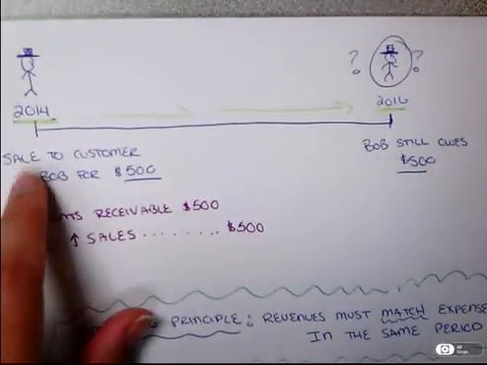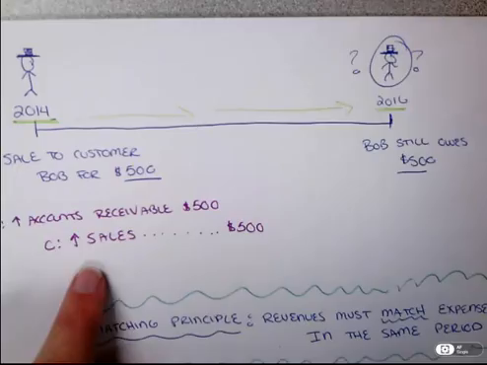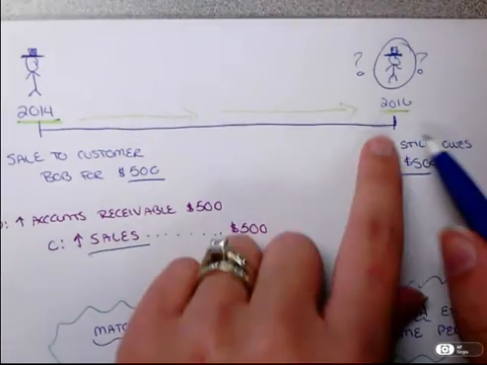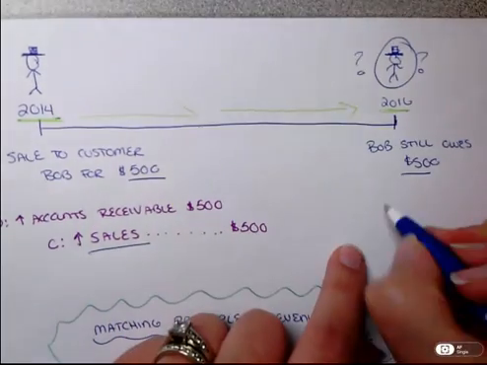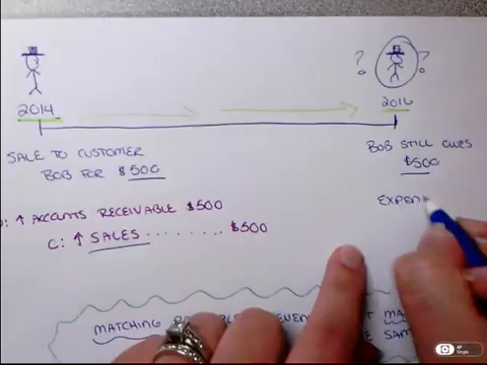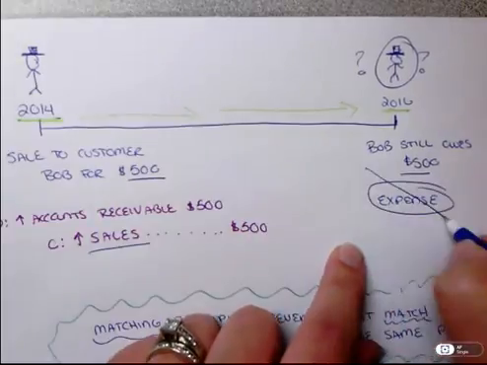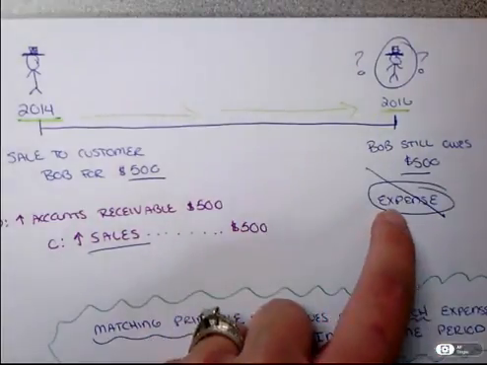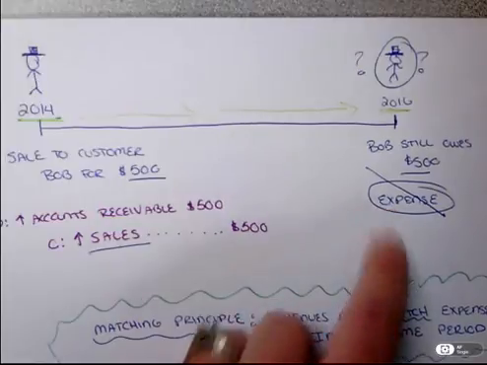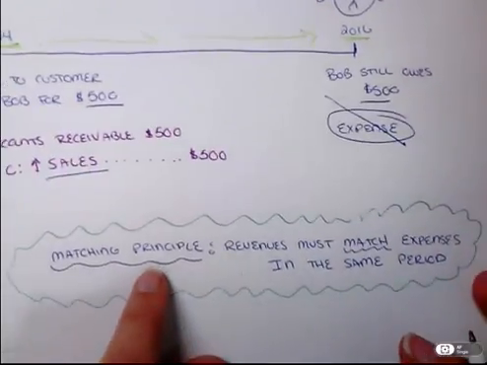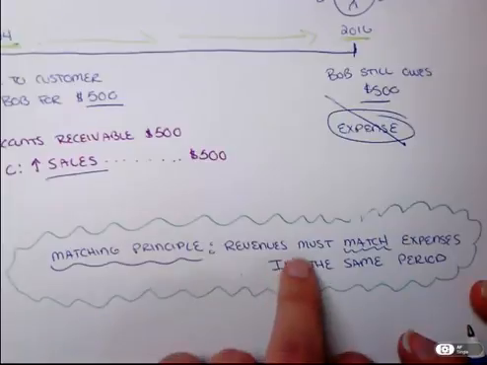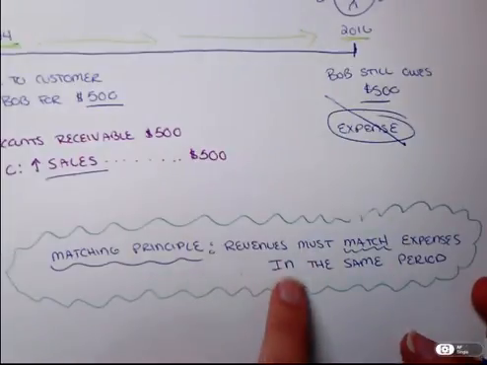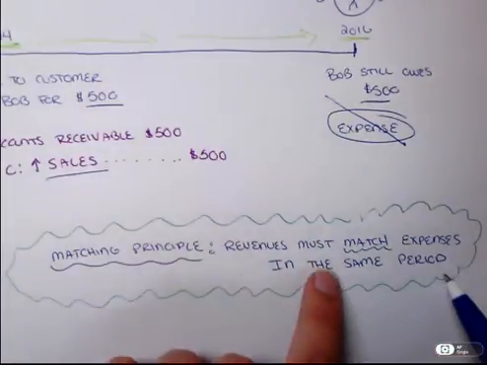The sale to Bob happened in 2014. We can't wait until 2016 to expense the fact that he won't pay. We can't do that because GAAP says we must follow this matching principle. So we must have revenues and expenses that go along with each other in the same period.